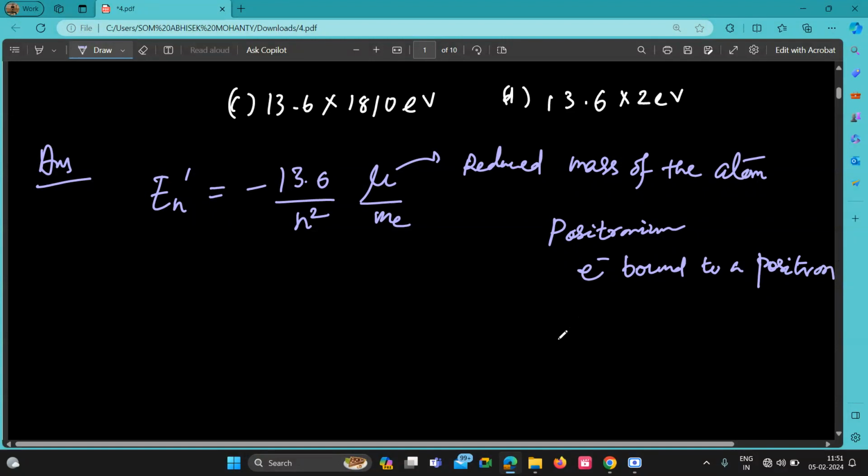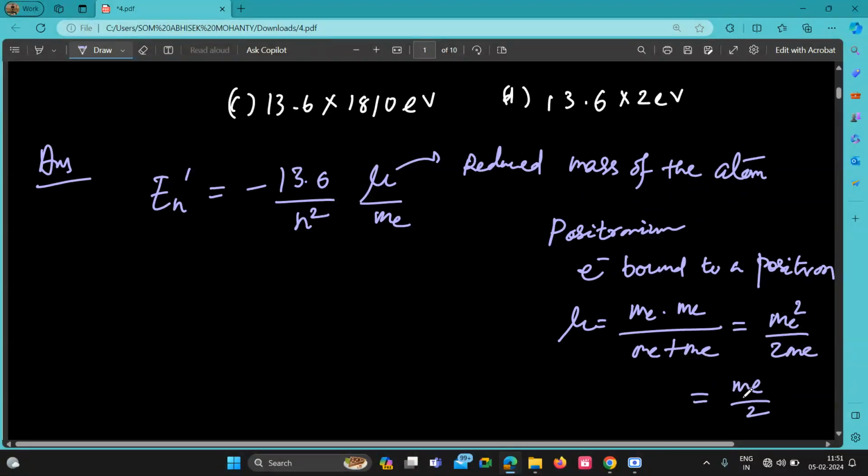So here mu will be what? Electron and positron are particle and antiparticle of each other, so their masses will be the same. So mu is me into me divided by me plus me, isn't it? Because their masses are same. So me square by 2 me gives me by 2.